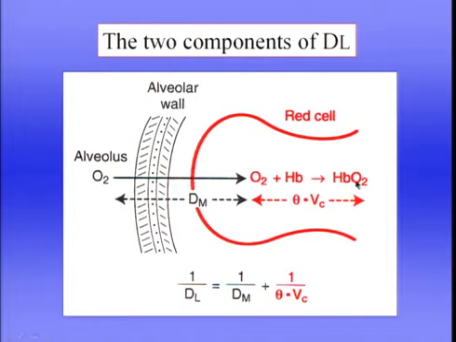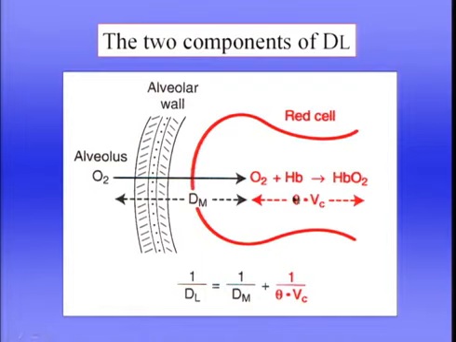And the second is this reaction rate of the oxygen with the hemoglobin. We're going to indicate that as theta Vc, where theta is the rate of reaction of oxygen with hemoglobin, and Vc is the volume of blood in the pulmonary capillary. Incidentally, V here means volume, and the lowercase c is used because we're talking about blood, volume of blood in the pulmonary capillary.